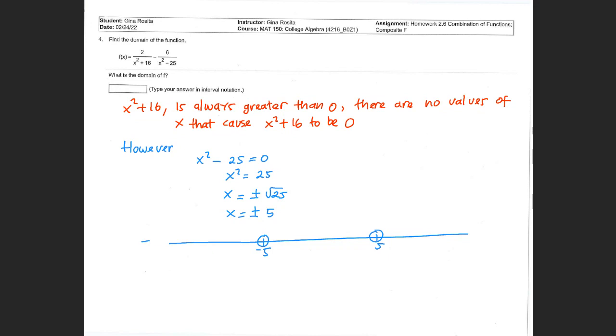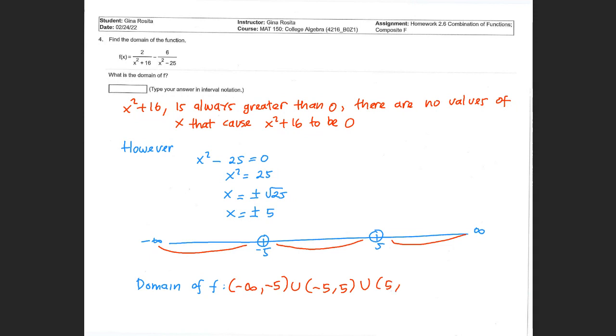So the domain, we can write it down. This is from negative infinity, this is to infinity. So the domain of f is from negative infinity to negative 5, open because not included, union from negative 5 to 5, not included, union 5 to infinity.